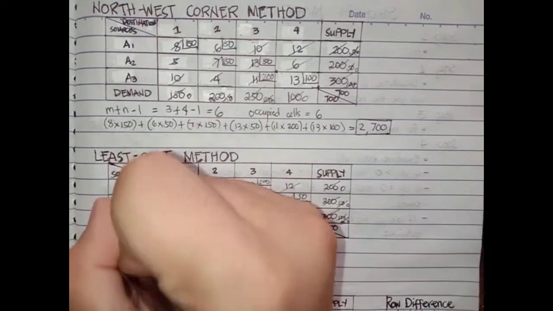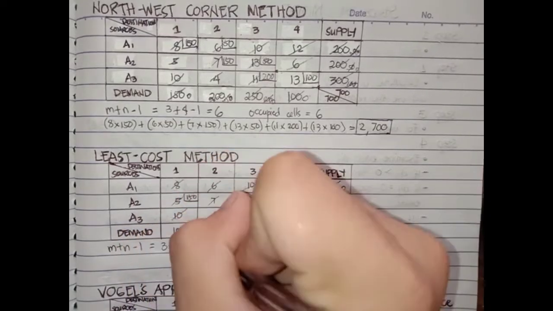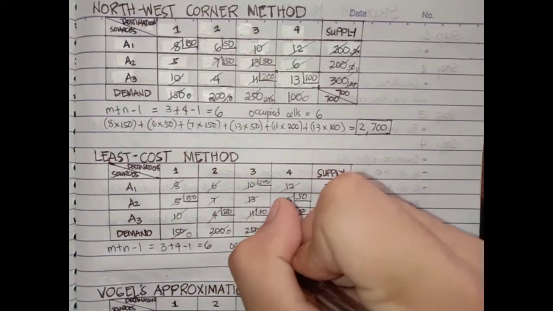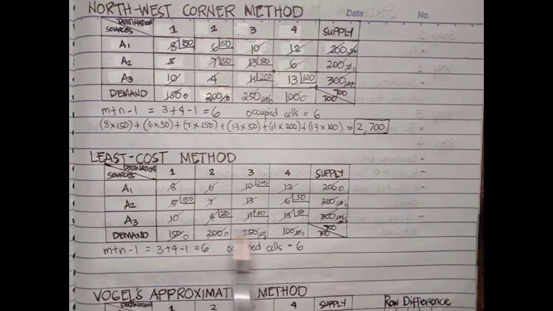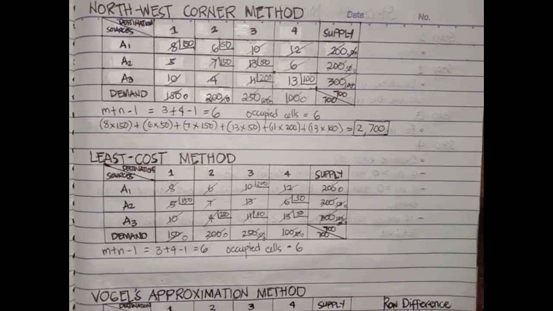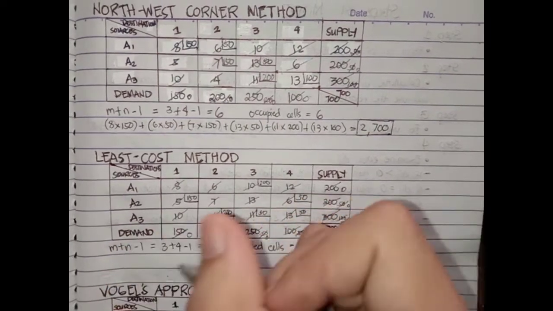Same with the northwest corner method. So m plus n minus 1 is equal to 3 plus 4 minus 1 is equal to 6. So our occupied cell is equal to 6. So we will solve for the sum of the product of these allocated cells. So let's start.